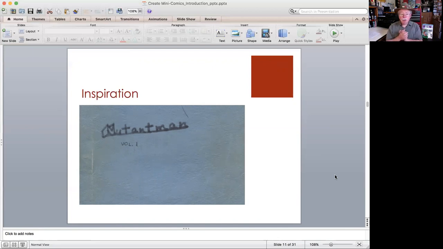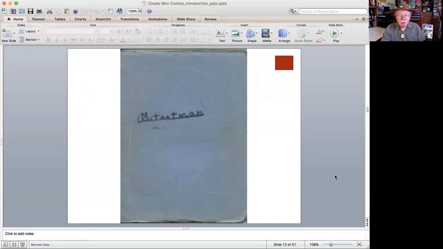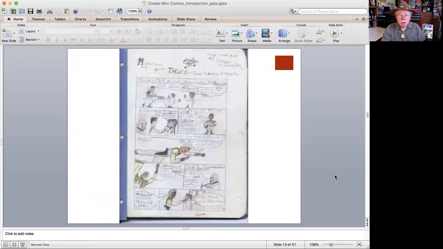Well, one day George brought comics that he had produced, and his first comic was called Mutant Man. This is the folder with Mutant Man comics in it, and this is the first issue and the first page of Mutant Man comics.